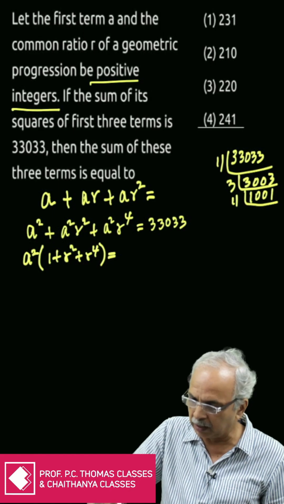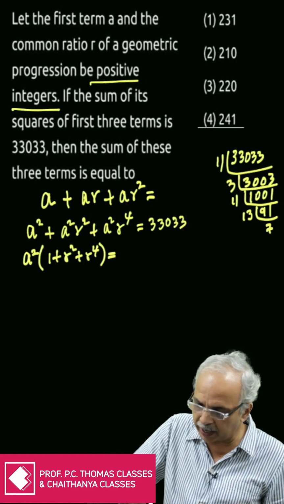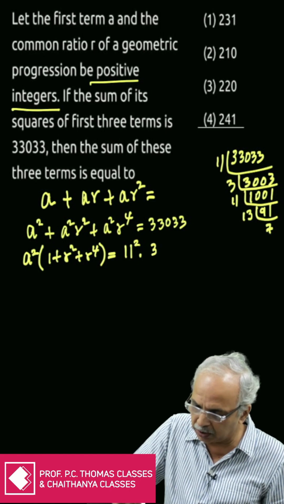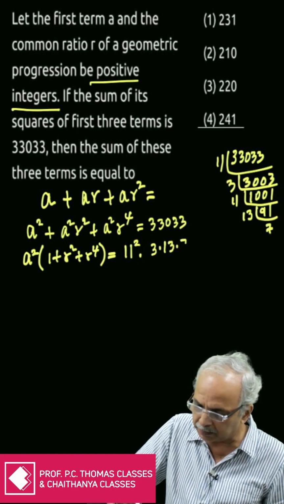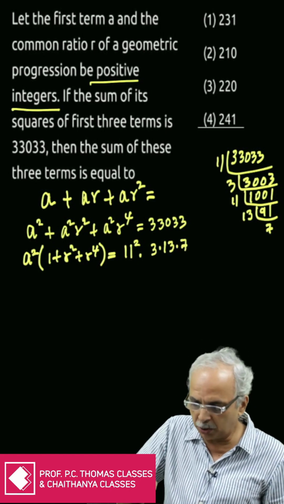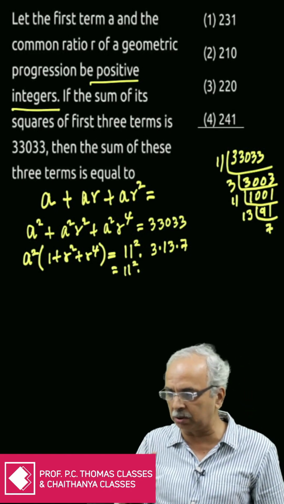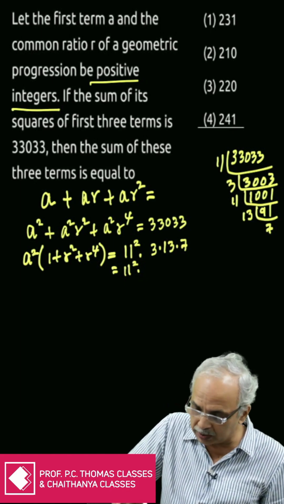Again 11, it is 91. Again 13, it is 7. So you can write this as 11 square into 3 into 13 into 7. And you know, 3 into 13 into 7 is 273, so it is equal to 11 square into 273.